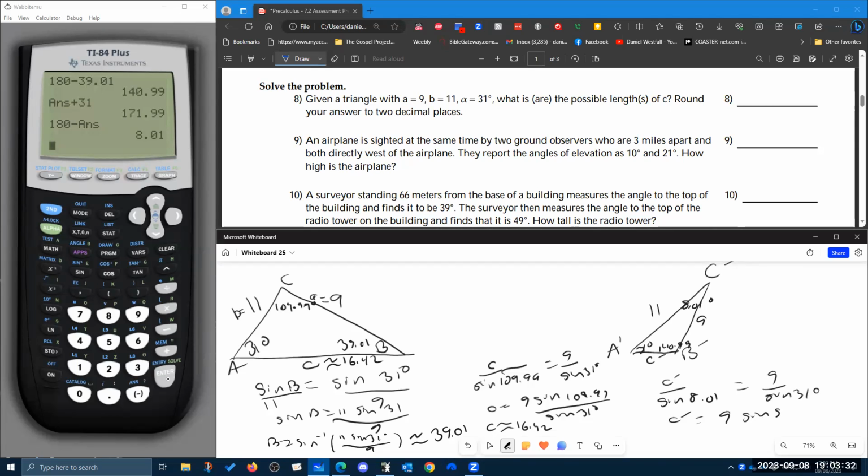C prime is 9 sine of 8.01 over sine of 31, and we get that C prime is about 2.43. I filled in B prime and C prime there as well, so you have everything in the pictures. Hopefully you caught the process as we went along.